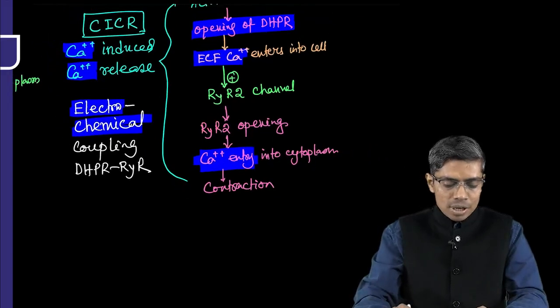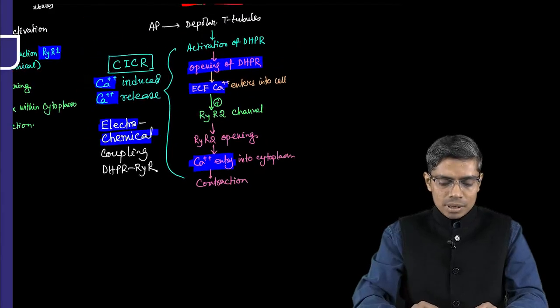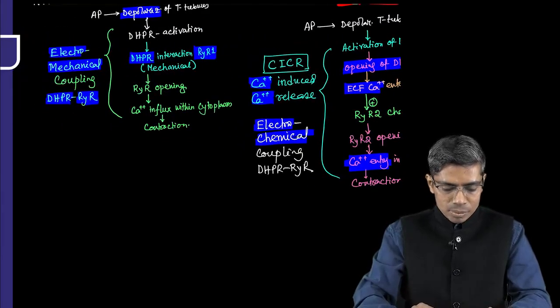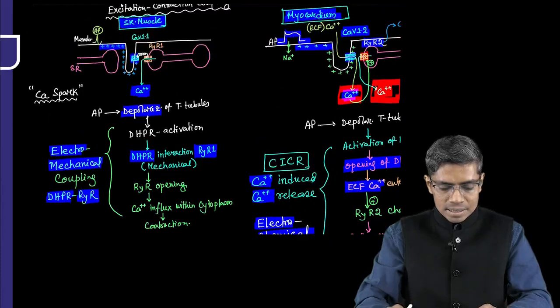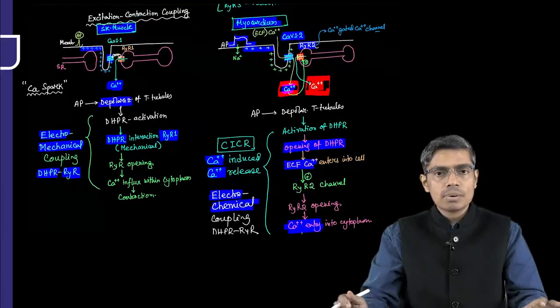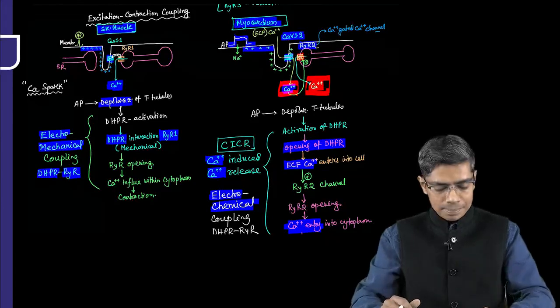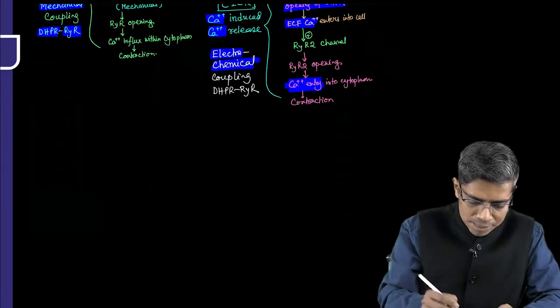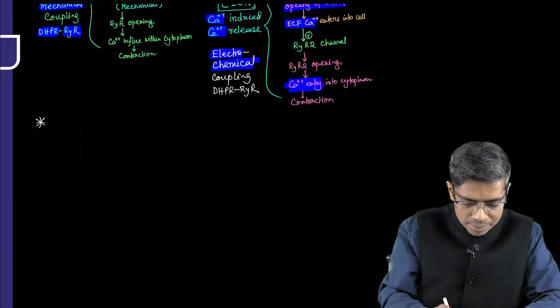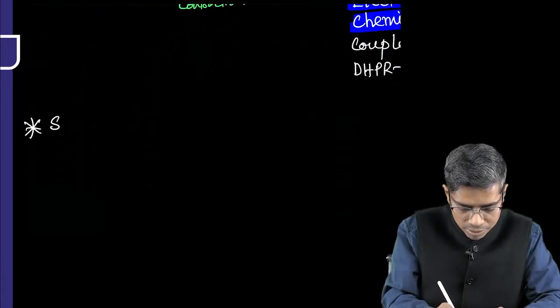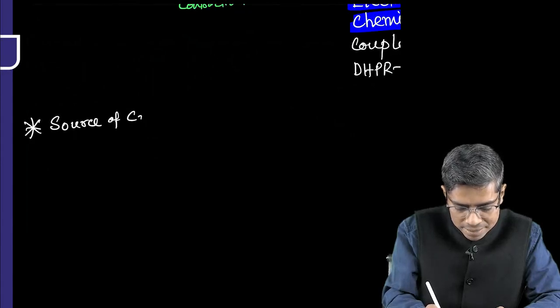Getting my point? Now if I ask you a bottom line, this is the skeletal muscle cell and this is the myocardium cell, we have seen the phenomenon in two cells. Now you tell me, MCQ: source of calcium for skeletal muscle contraction. Where is the calcium coming from?